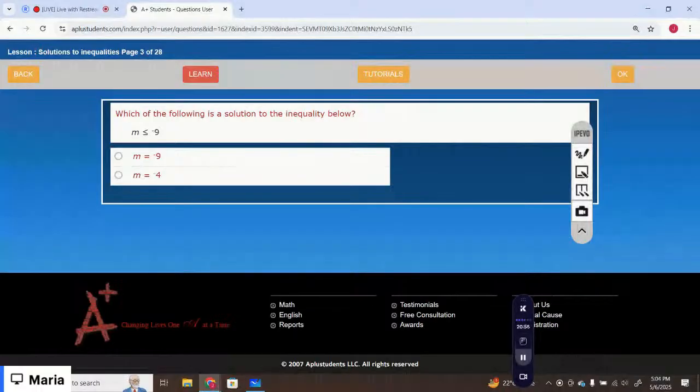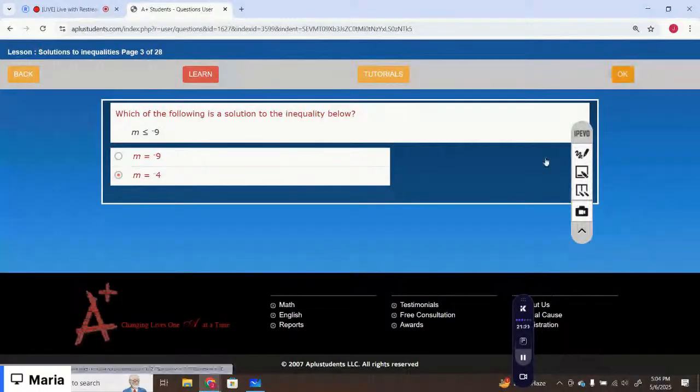Which of the following is a solution to the inequality below? M is less than or equal to negative 9. We are given two values, negative 9 and negative 4. Negative 9 is equal to negative 9. Negative 4 is less than or equal to negative 9?